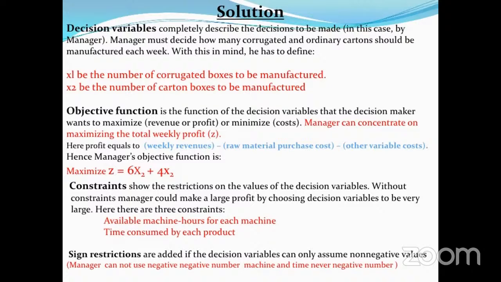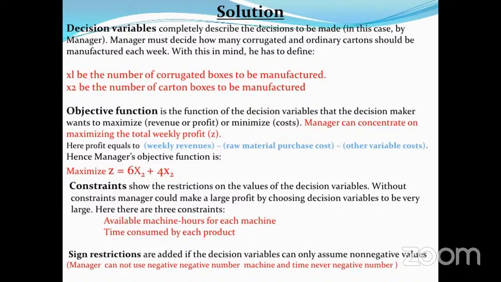In our case, the manager can concentrate on maximizing the total weekly profit. So the profit equals weekly revenue minus raw material purchase minus other variable costs. But he has clearly mentioned the profit on each product, 6 rupees and 4 rupees. By mistake it is written as X2 only, but it is X1 and X2.